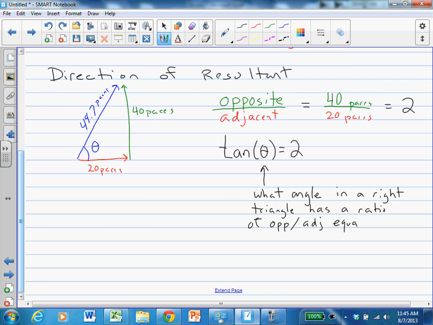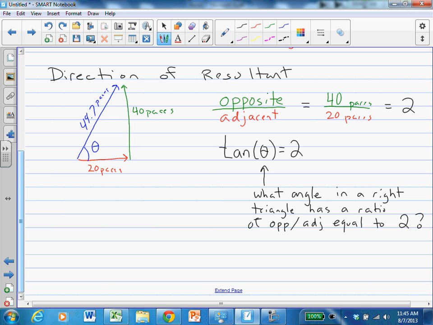Well, we have tables that we could look this up in. And these tables are now stored in your calculator. So we can just look it up in the calculator.